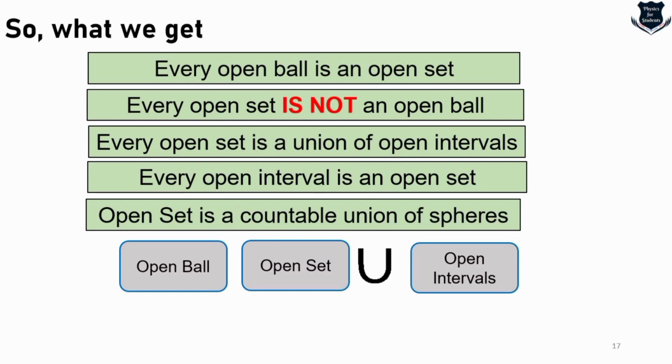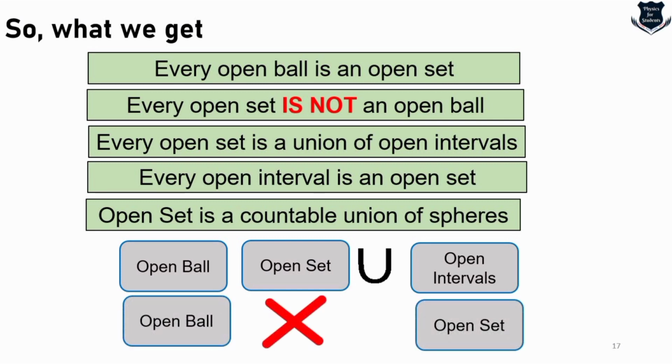I marked it with a big red dot, so you can understand that these are the big takeaways, something which you need to remember. It might sound a little bit confusing, but it's okay, we are learning, so we can just go ahead. So remember, every open set is not an open ball, and vice versa. An open ball is an open set.